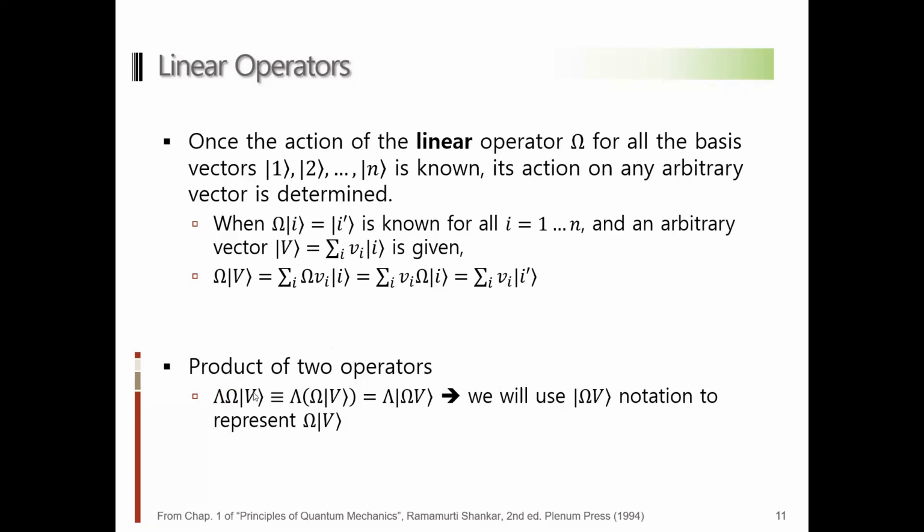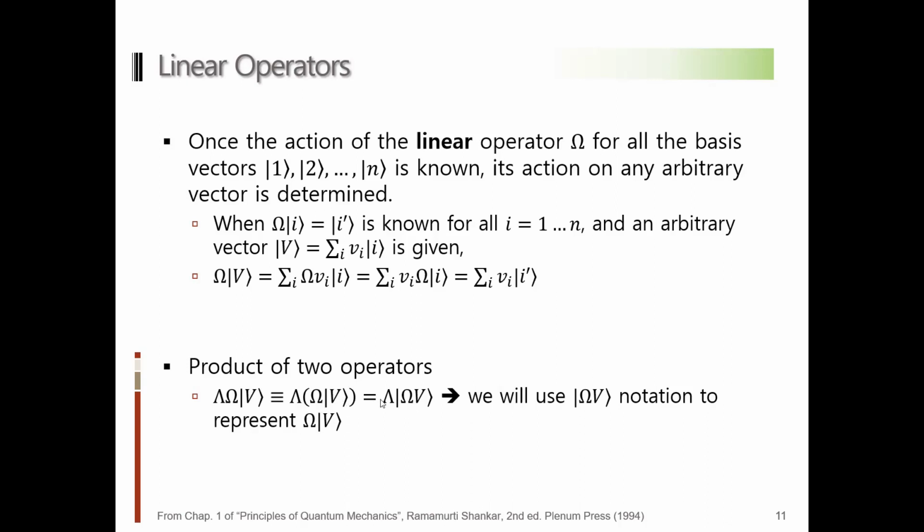This is just defined such that whenever you have a product of multiple operators, it means that we should first act this omega on the vector. Then the next operator will work on the entire result of this operation.